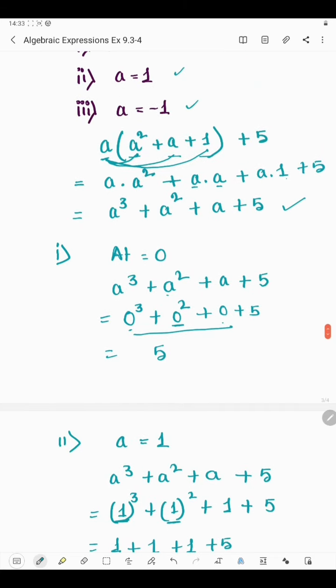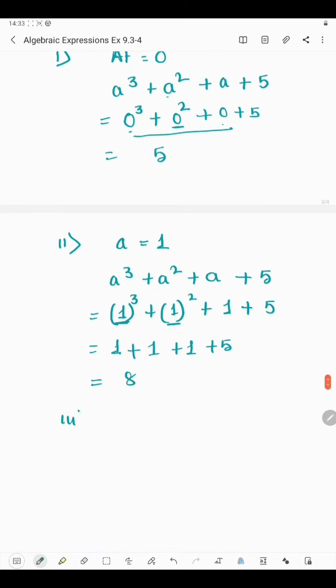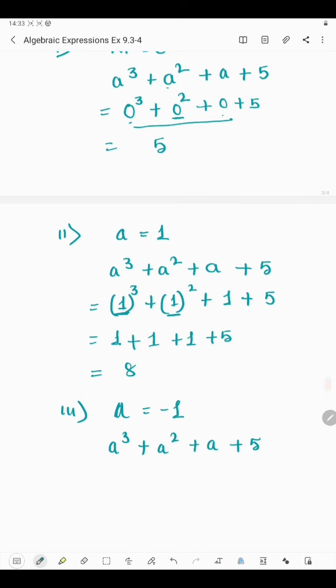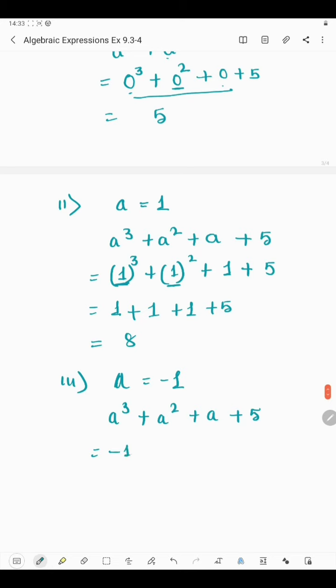Now coming to the third part, in the third part we have a equals minus 1, and here we'll just put this value in the same expression, a cube plus a square plus a plus 5. So here minus 1 cube plus, just putting in place of a, okay, and the power will remain the same.